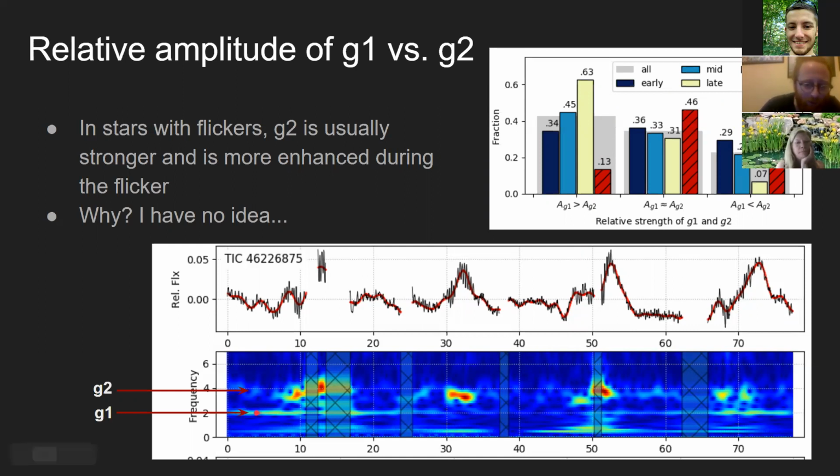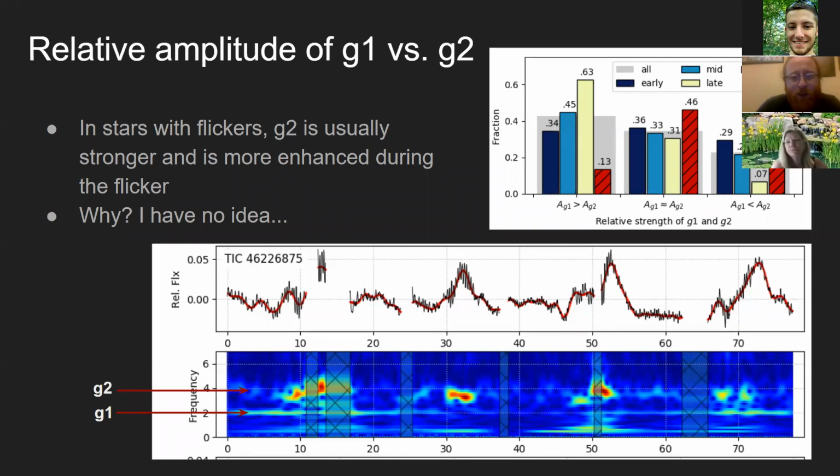The first frequency group at about 2 cycles per day is a normal strength, but G2 is clearly stronger and is more associated with the timing of these flickers compared to the lower frequency group. That seems important, but I really have no idea why this is.